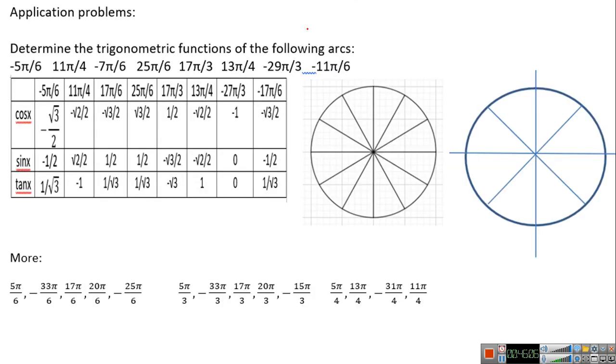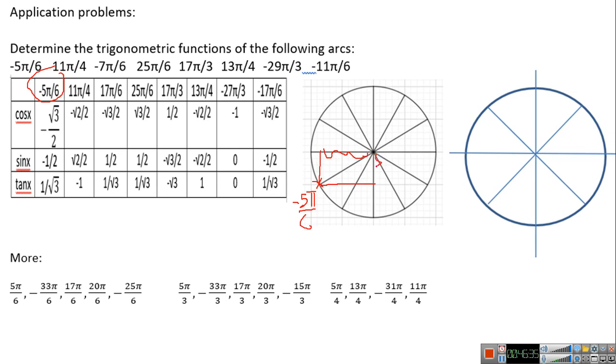So if you want to find minus 5 pi over 6, I read it as minus 5 times 30, since pi over 6 is 30 degrees. I go 1, 2, 3, 4, 5. This is the point, minus 5 pi over 6. So you do the projection. This is the sine, this is the cosine.